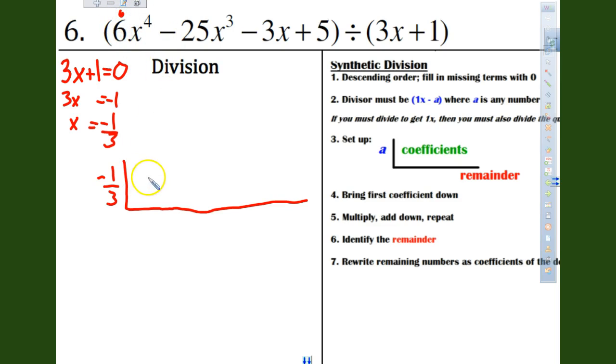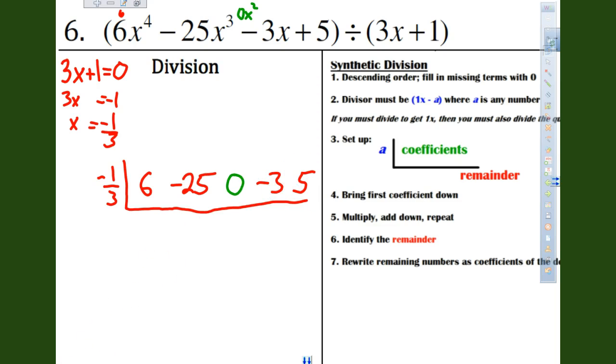So we get 6, negative 25. What goes next? 0, very good. 0, for the 0x squared that is not here. And then negative 3 and 5. All right, take a moment to do that.